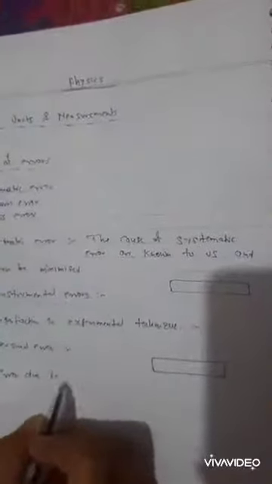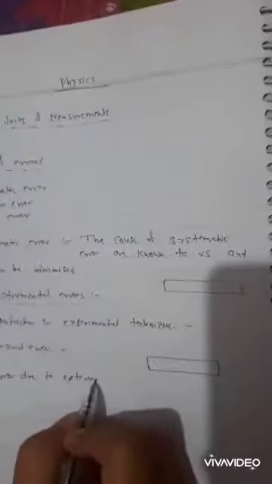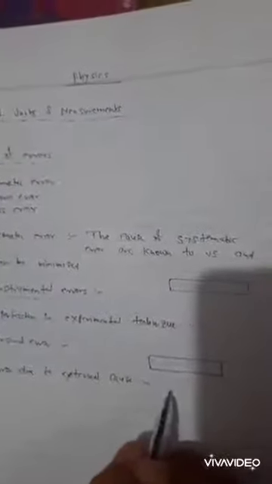In this category, next one is error due to external cause. Therefore, the external conditions such as changes in temperature, pressure, humidity, wind velocity, etc. during the experiment may affect the measurement.